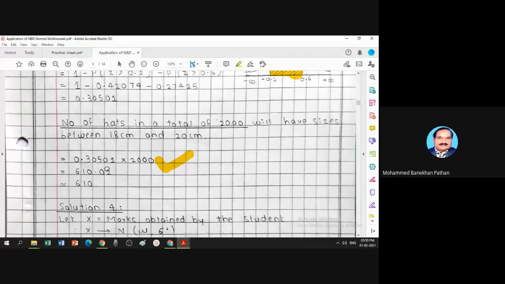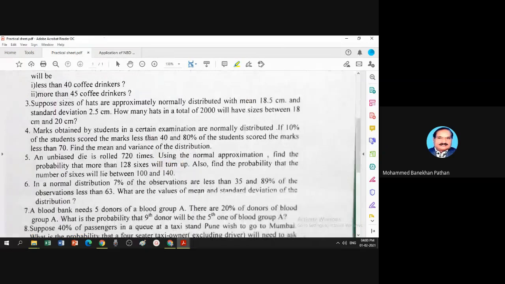If it is more than or equal to 0.5, it will merge by taking the nearest integer. So I get the answer of 610. So in 2,000 hats which are under study, there will be 610 hats having the size between 18 centimeter to 20 centimeter. Very simple question.